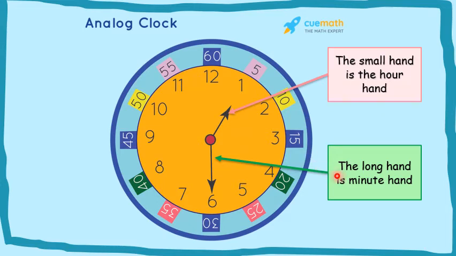How about the long hand? The long hand is the minute hand. Okay, people. Each number 1, 2, 3 represents 5 minutes. So, if this clock shows at 6, then it is 30 minutes.